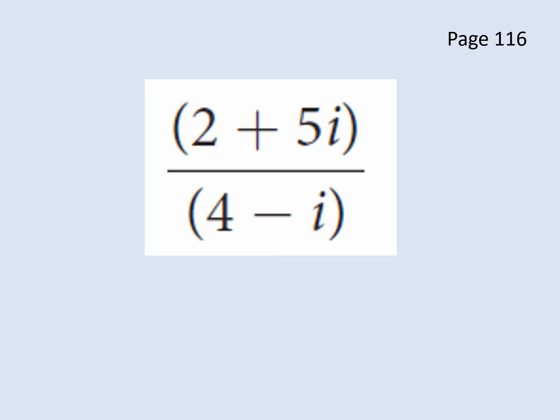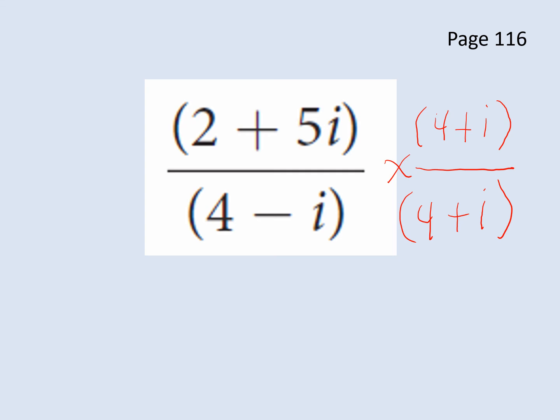So now we get to deal with some real numbers, which is great. So we multiply by the complex conjugate, which is 4 plus I in the denominator, which we also have to put the same thing in the numerator for all things to be equal, which is 4 plus I, and then we start multiplying.